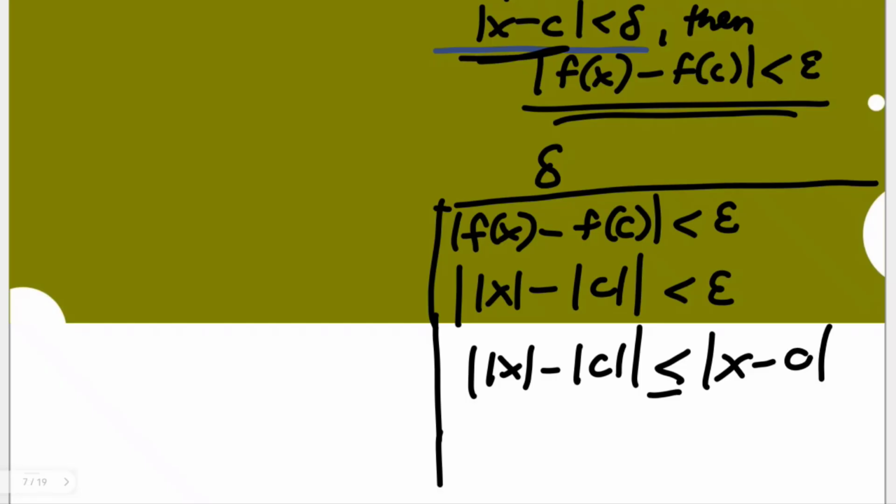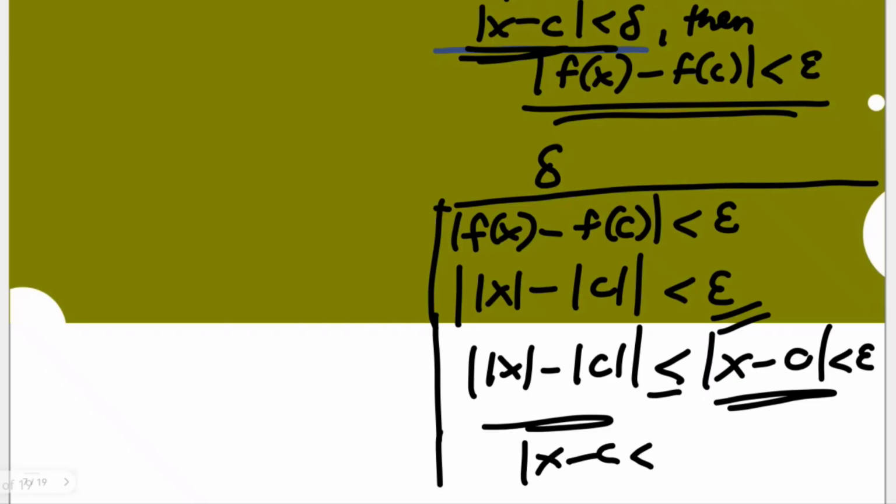This is part of our discussion before. We are very lucky that this already appeared. This is our goal, which is why I mentioned that this might be very short. That would mean the absolute value of x minus c is less than epsilon.